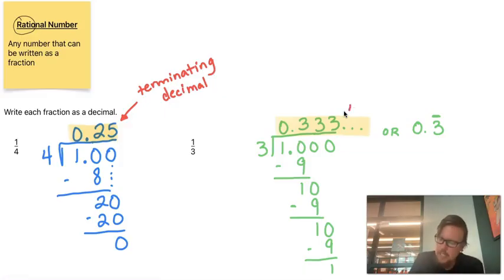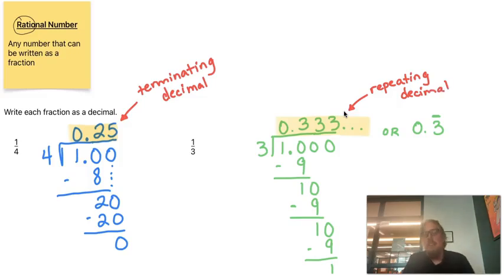Regardless, this is called a repeating decimal. And this is the other way you can identify a rational number from a decimal, if it is repeating, meaning the number happens over and over and over again.